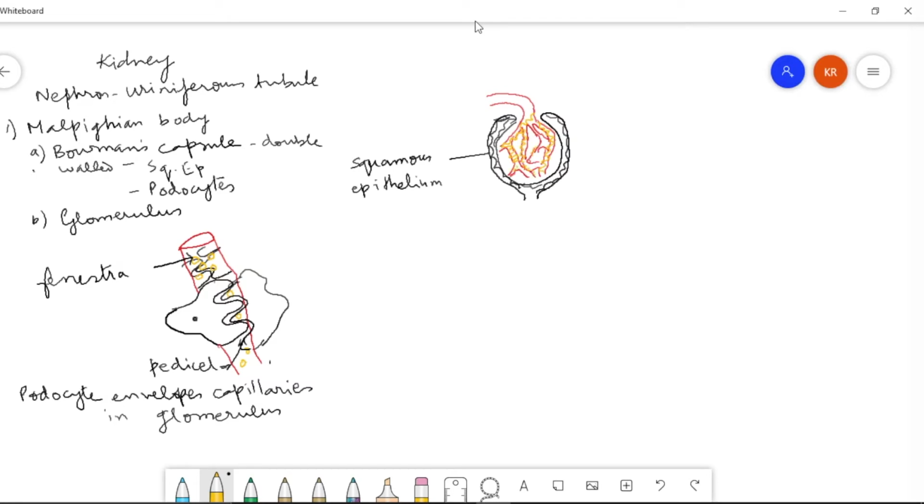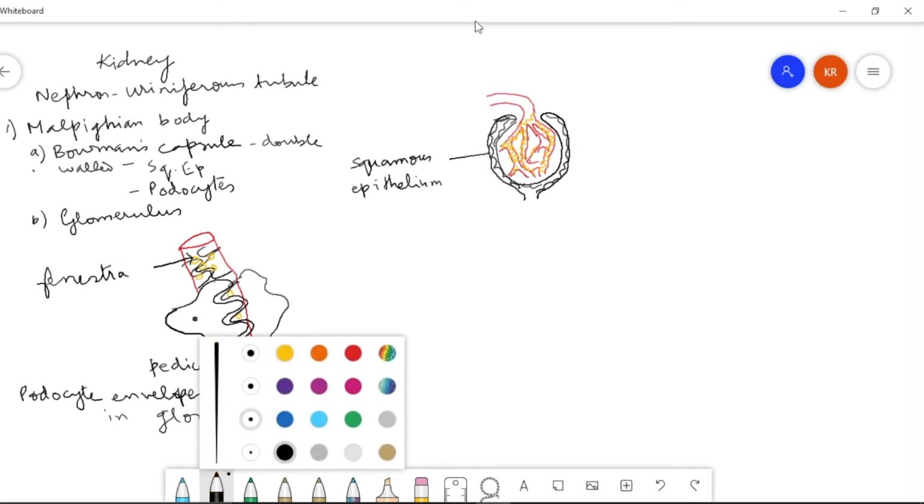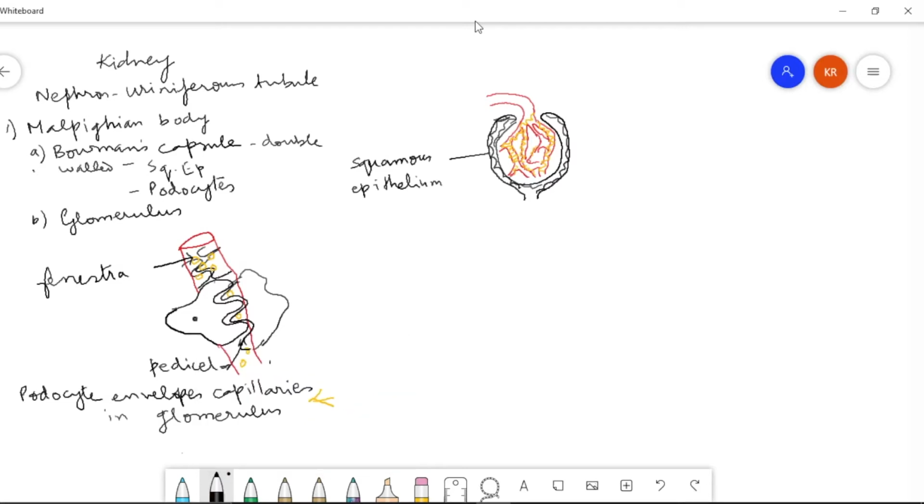The podocytes are completely enveloping or covering up the entire glomerulus. Why is this happening? Because this is a kind of additional sieve, additional protection to prevent large proteins and cells from escaping from the blood into the lumen. So this space that you are seeing over here is like a slit.